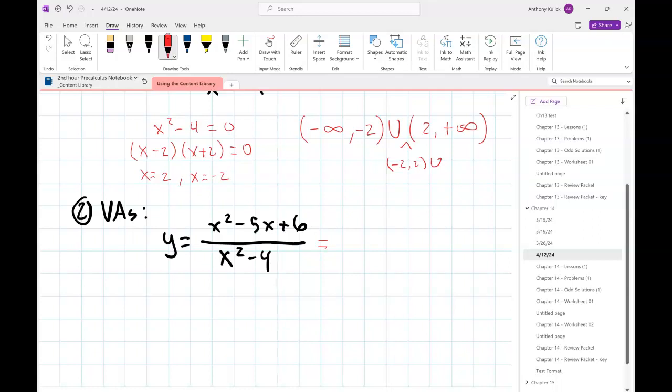Factor the numerator and the denominator. Someone other than Joey, how does the numerator factor? x minus 3, x minus 2. There you go.